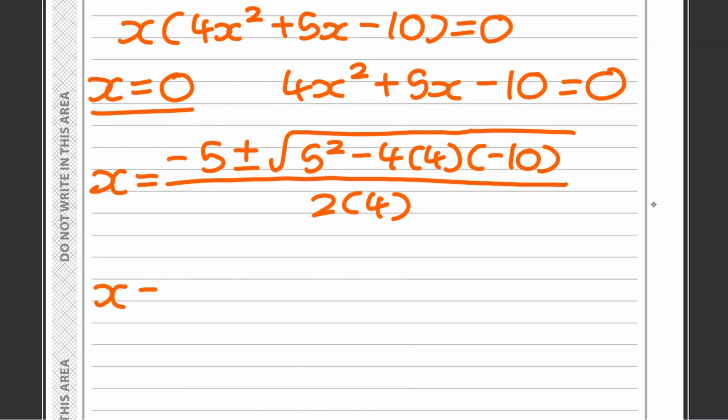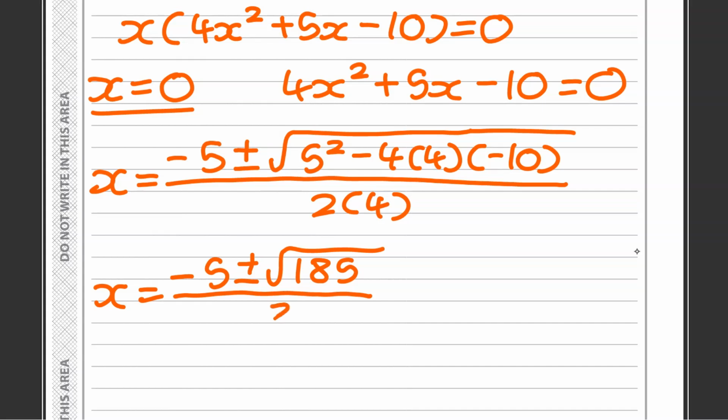We can do some simplifying here, so we have minus 5 plus or minus, and then if you put this 5 squared minus 4 times 4 times minus 10 into a calculator, you get out 185. So this is going to be the square root of 185, and this is the simplest way that you can write this surd. And all of this is over 2 times 4, which is 8. So x is equal to minus 5 plus or minus the square root of 185 over 8.